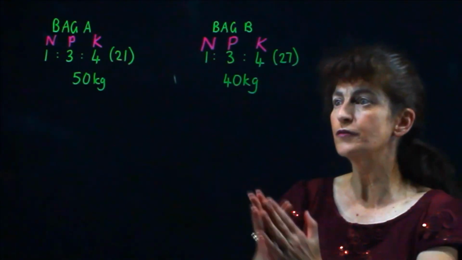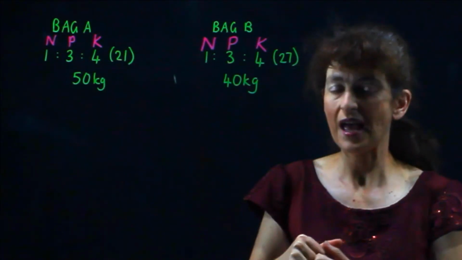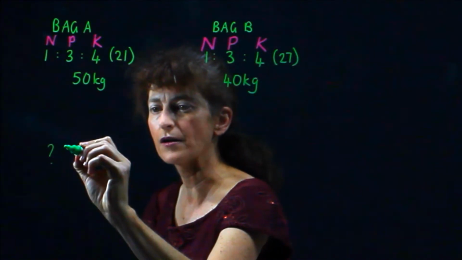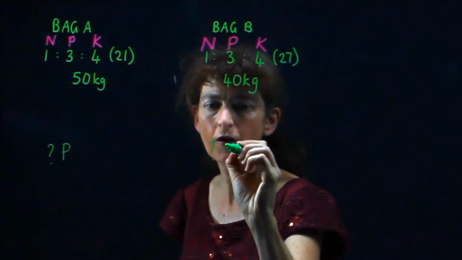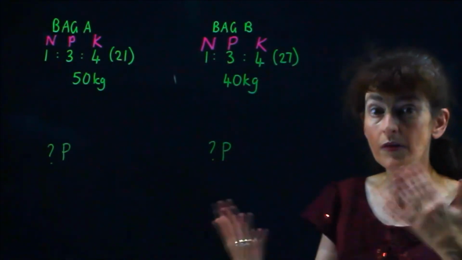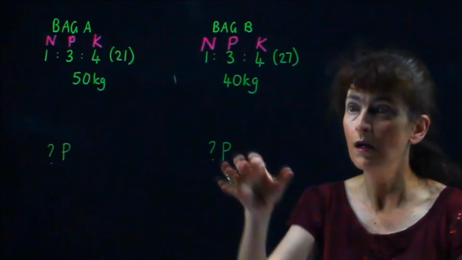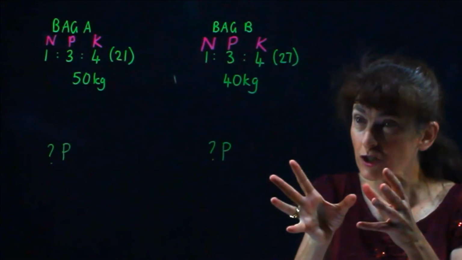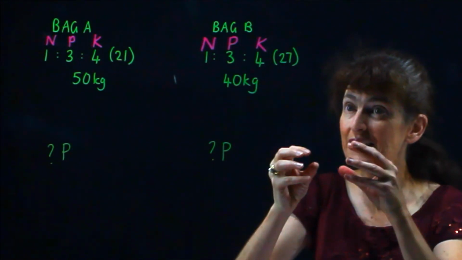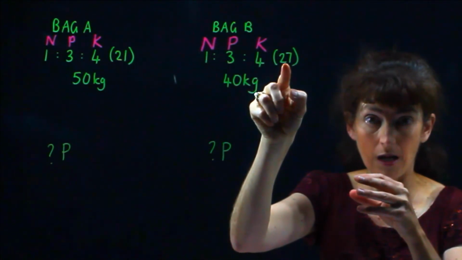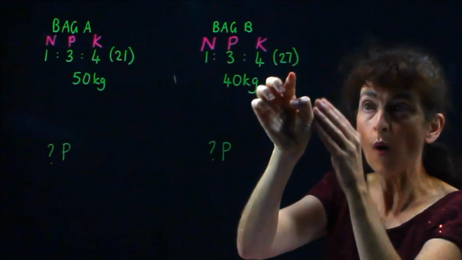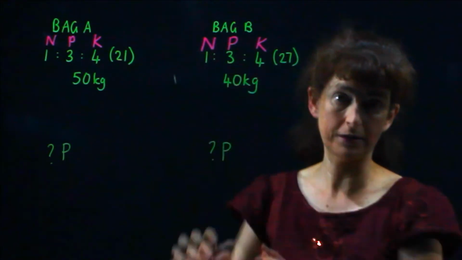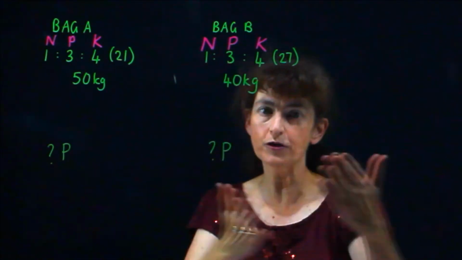Next question, we're asked to find out which of these 2 bags has the most phosphorus in it. So in each case, we're trying to find out how much phosphorus is in there. That's determined by 1, what's the mass of the whole bag? 2, what fraction of that mass is fertilizer? 3, what fraction of the fertilizer within the bag is phosphorus?